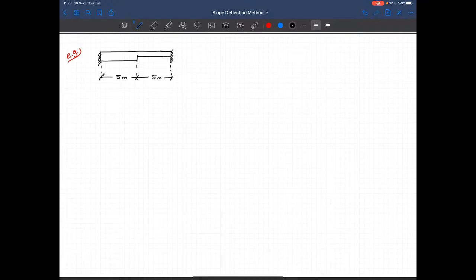And here the inertia is 2 times EI, and the inertia here is EI. And I have a uniformly distributed load on this member, which is equal to 10 kilonewtons per meter. Okay.